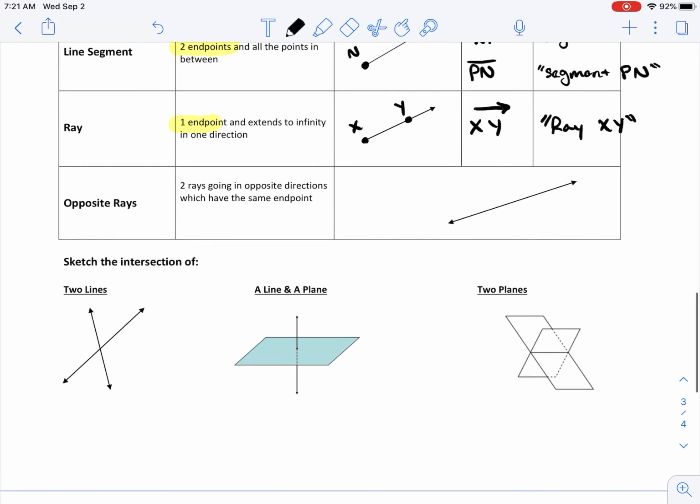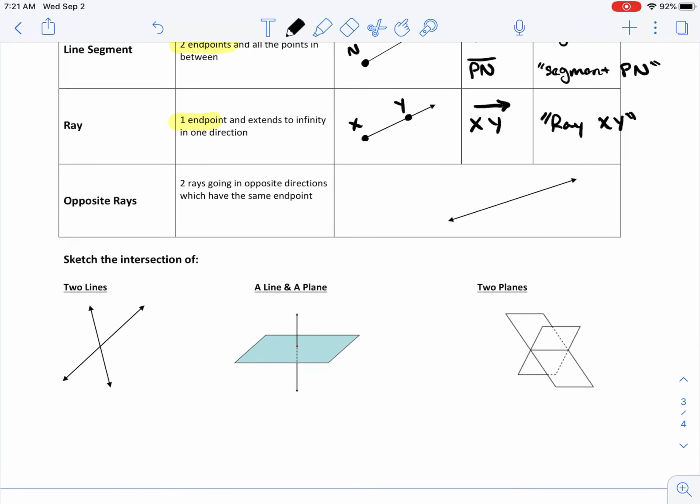And then our last one here, before we just do some sketches, is opposite rays. So opposite rays are two rays going in opposite directions which have the same endpoint. The first thing you'll see is that these make a line. They also make a straight angle, which we're going to talk about later. We'll call this M. And so it has two rays, which means I have one going in this direction.